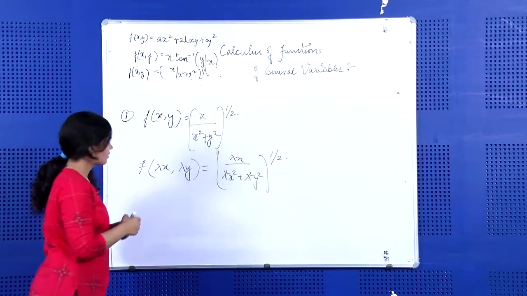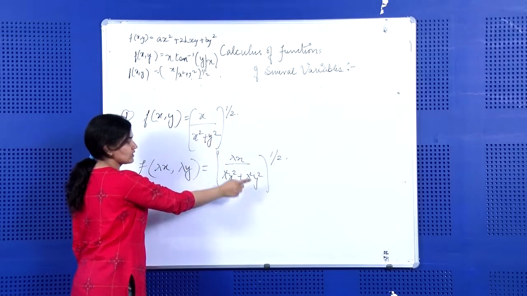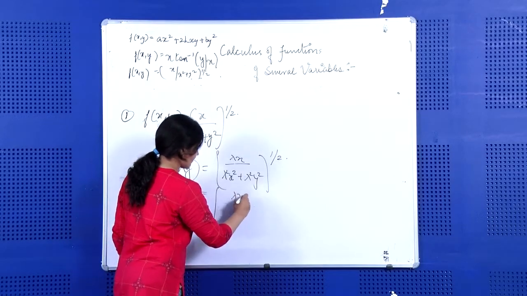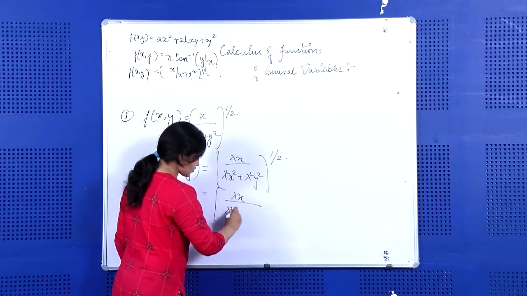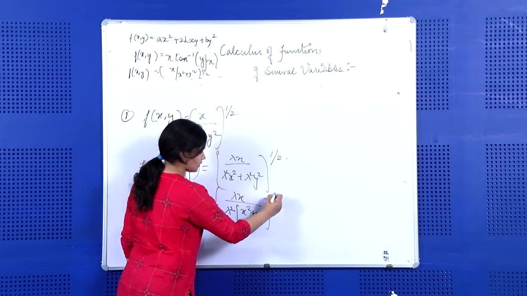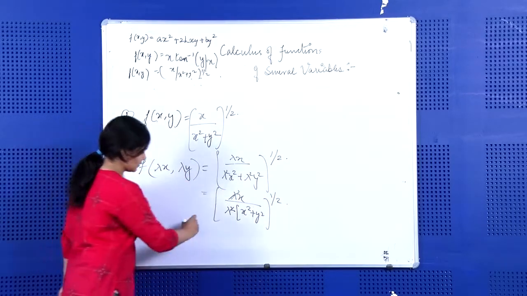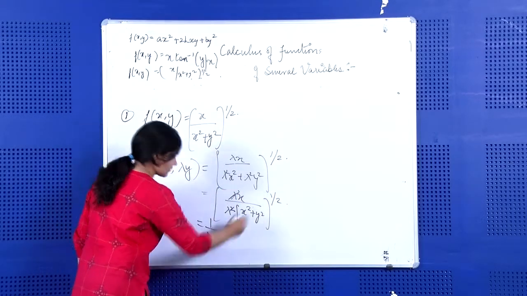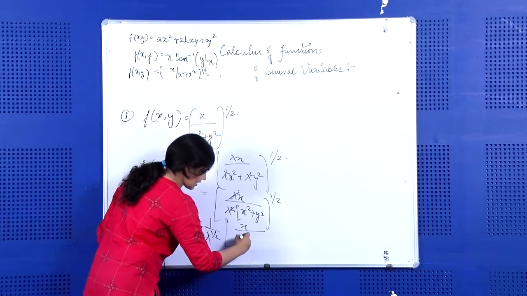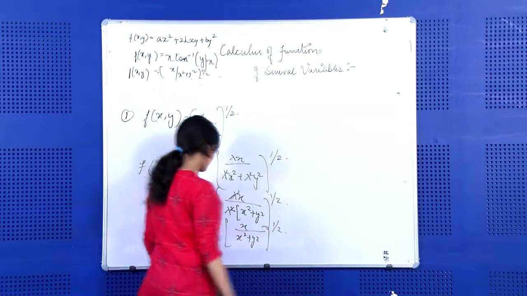What I have done is again replacing x with lambda x, y with lambda y. In the numerator we have lambda x, in the denominator we can take lambda square common, we are left with x square plus y square power half. This lambda will be cancelled with this one, so it will be 1 upon lambda, and we are left with x upon x square plus y square power 1 by 2.